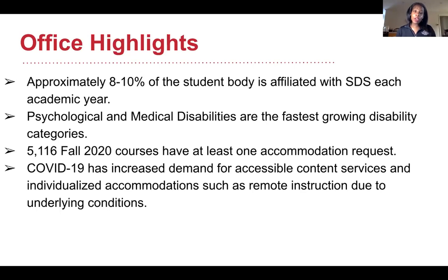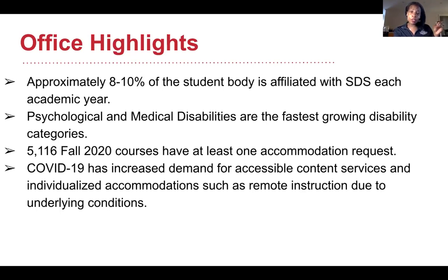Fastest growing categories: psychological and medical disabilities. Our students with medical disabilities, that category is actually growing at a faster rate now than our students with psychological disabilities. We're seeing more things like sleep disorders and also gastrointestinal conditions. And that actually makes a lot of sense when you look at our psychological disability category.